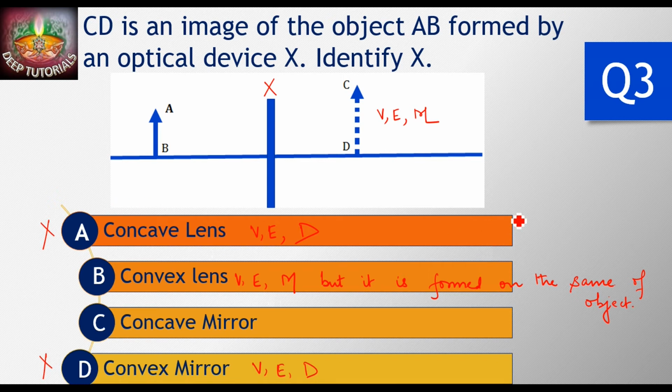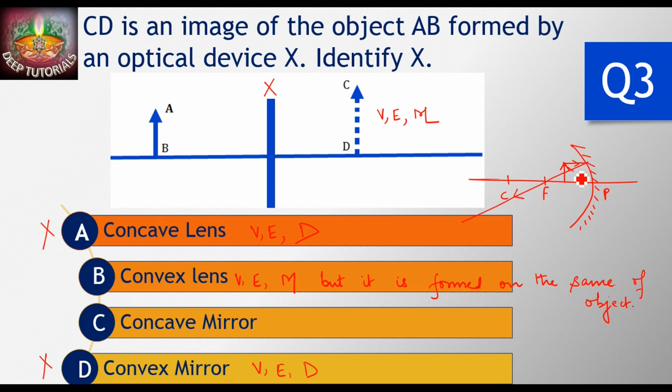So let's draw a diagram in order to understand how this virtual, erect and magnified image is formed in case of a concave mirror. This happens when the object is placed between P and F, right? So a ray parallel to the principal axis passes through the focus.